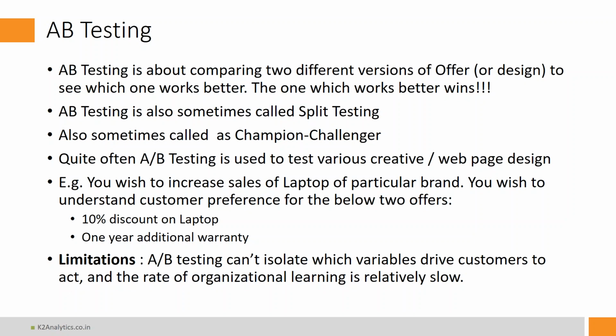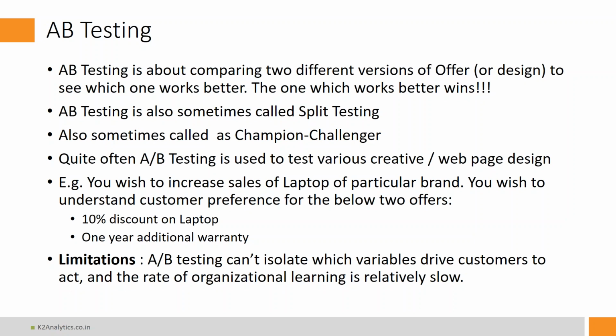So I'm going to run a campaign to some segment randomly based on my model, and the other person is going to run campaigns based on his model to another random segment, and then we are going to test. It becomes a champion challenger. So that kind of thing is called A/B testing.